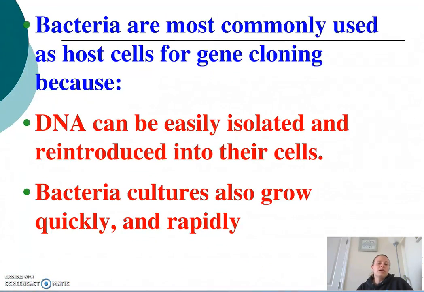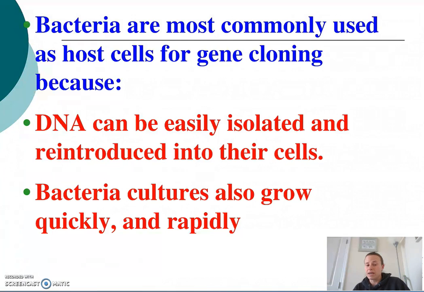Why are bacteria such as E. coli most commonly used as host cells for this gene cloning method? Well, because I can easily isolate that plasmid and reintroduce my now recombinant plasmid, which contains the plasmid plus my gene of interest, into their cells.